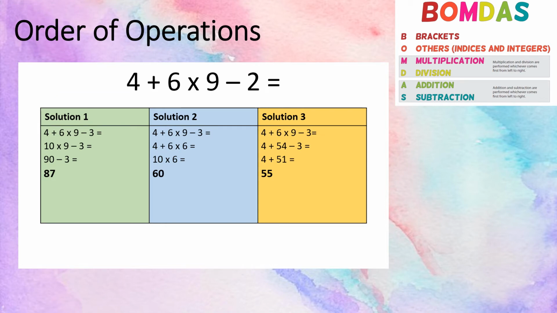Now, in both of these, addition and subtraction should actually come last in this problem. In solution 3, they have started with the operation of multiplication, then moved to subtraction, then moved to addition. Now, if you can see in solution 3, they have gone from right to left instead of left to right.